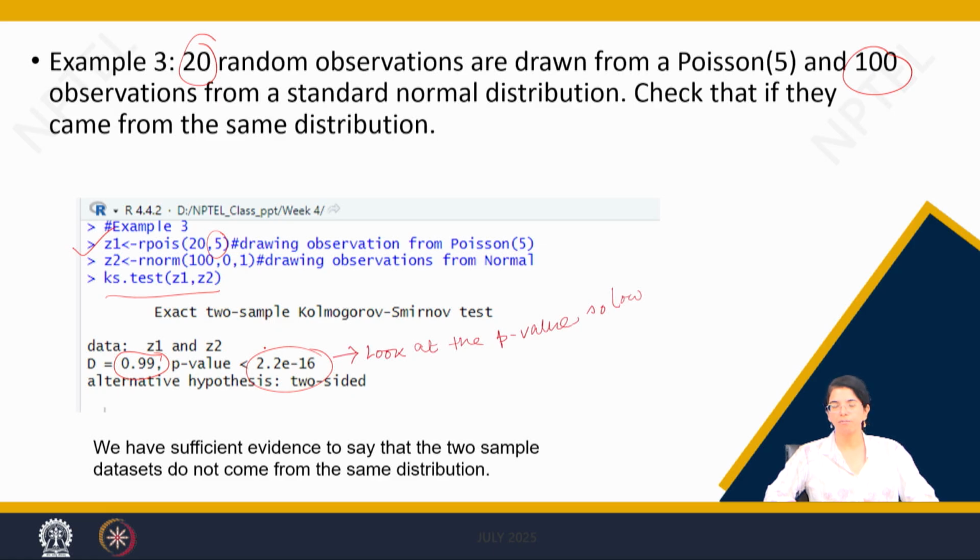Clear? So once you have this type of p-value, your conclusion will be a bit stronger: these two distributions are not at all equal. They cannot be the same distribution. So that will be your final conclusion because of that extremely low p-value.